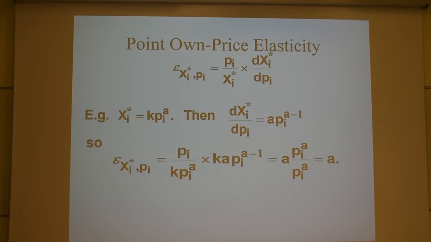Okay? And then p_i over x_i, so the elasticity will be p_i over x_i. What is x_i? k p_i to the a times k a p_i to the a minus 1. So here we miss the k. I'll change it for you later on.